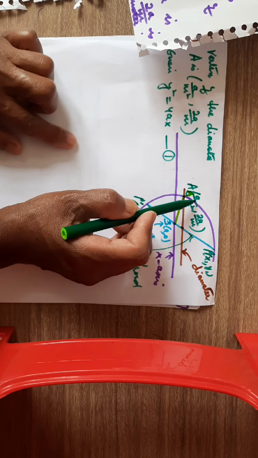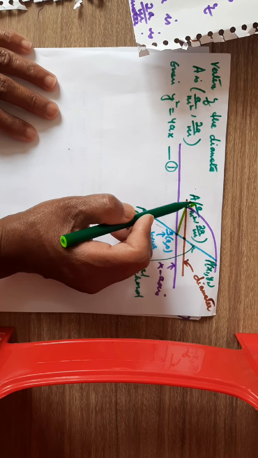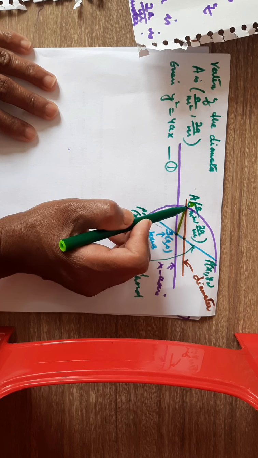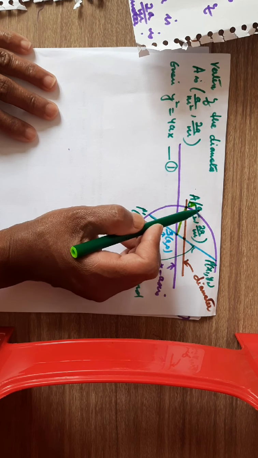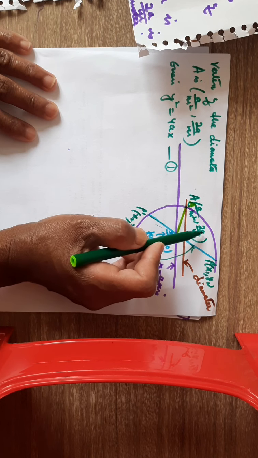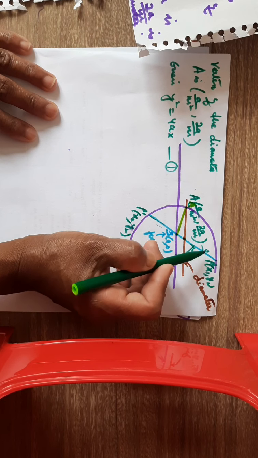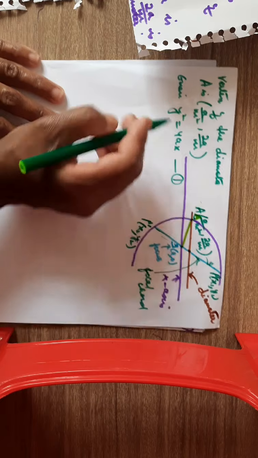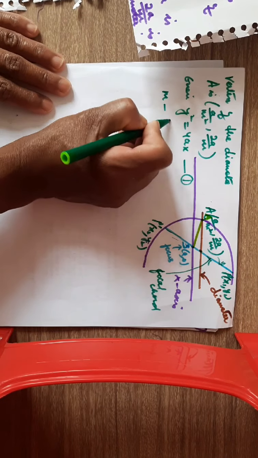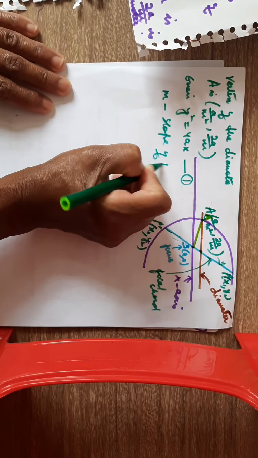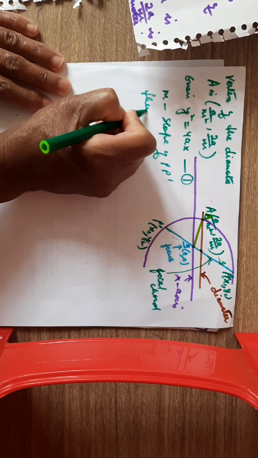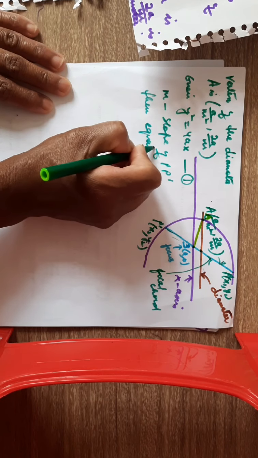That is the point of intersection of the diameter and the parabola. From property number 2, we have already seen that if A is the vertex of the diameter, then the coordinate of this vertex will be (a by m square, twice a by m), where m is the slope of this chord PP prime. What is the equation of the diameter?